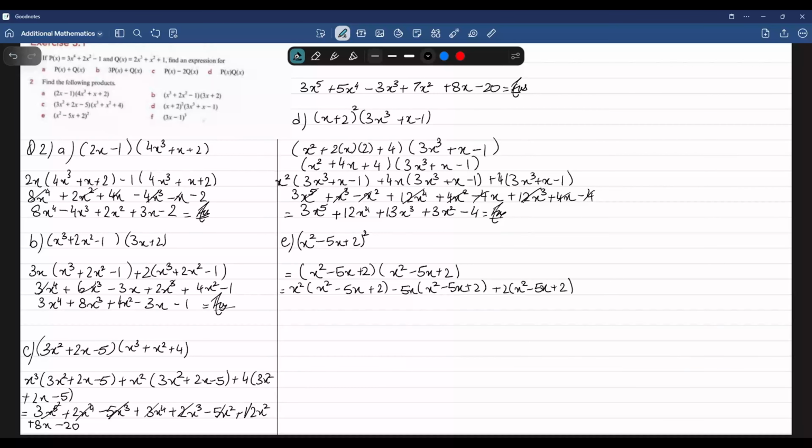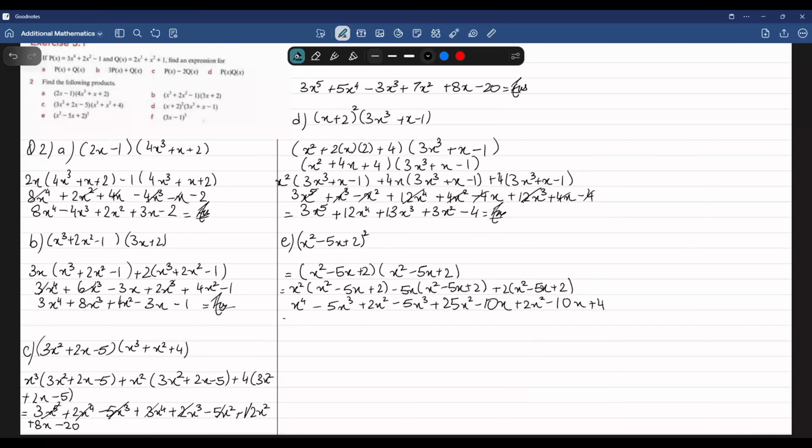So we have x raised to power 4 minus 5x raised to power 3 plus 2x squared, minus 5x raised to power 3 plus 25x squared, minus 10x, plus 2x squared, minus 10x, plus 4.